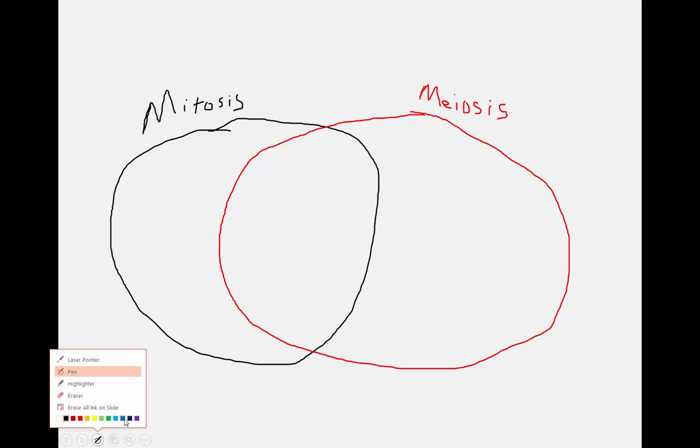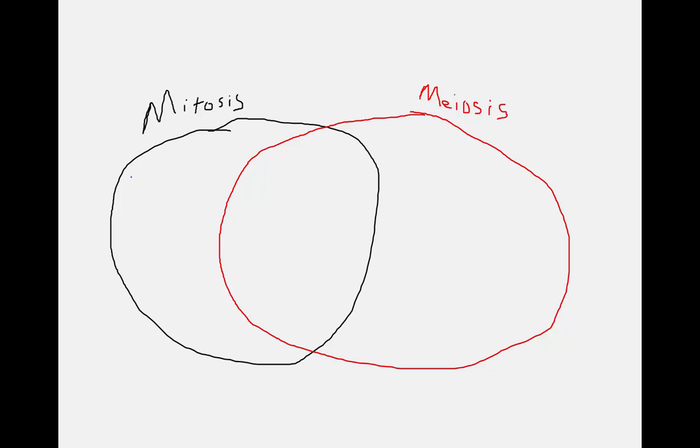So one, let's use just blue here for general. So for mitosis, basically you result in how many cells? Do you remember how many cells are produced at the end of mitosis versus meiosis?